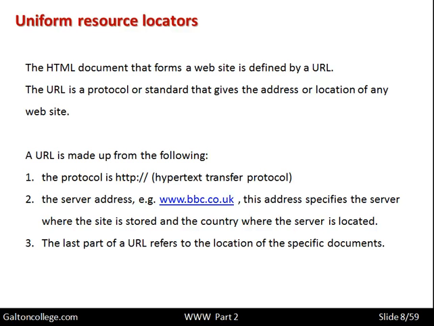The last part of the URL refers to the location of the document. As I said, .co.uk, or it could be .ie in the case of Ireland, or wherever. So countries have designated symbols to indicate where they are.